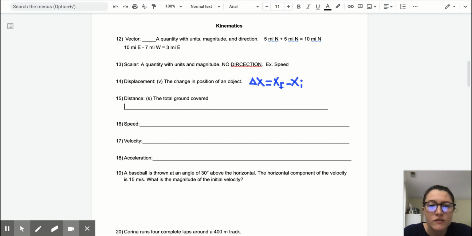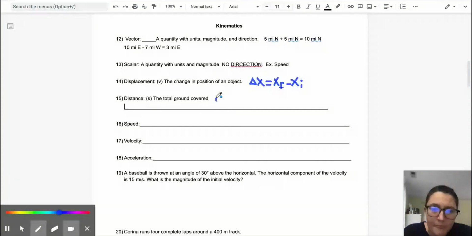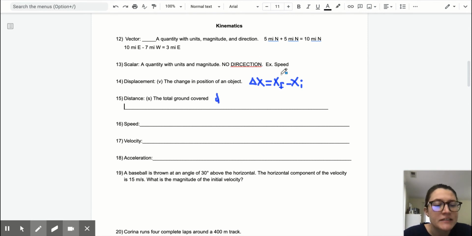And we actually use the lowercase letter d to represent distance. And it's basically the entire path. So we would measure the length of the path from the final position to the initial position, regardless of the path, and that would be our distance traveled. We'll get back to that in number 20.